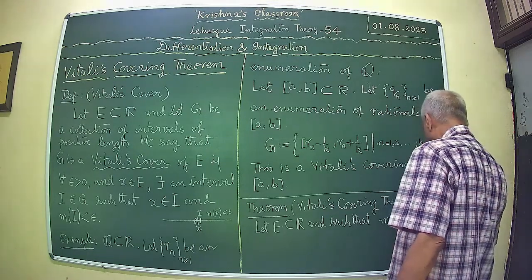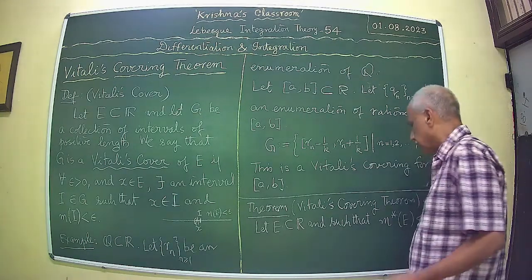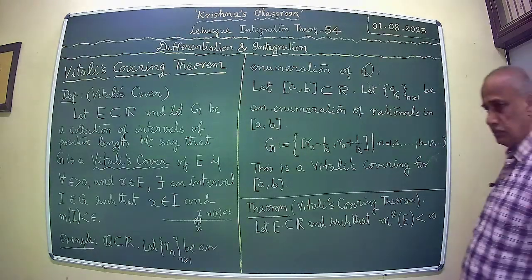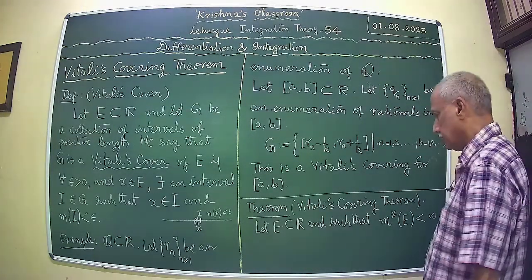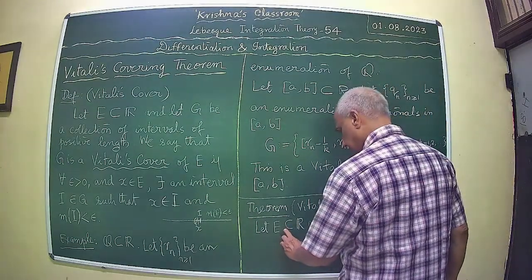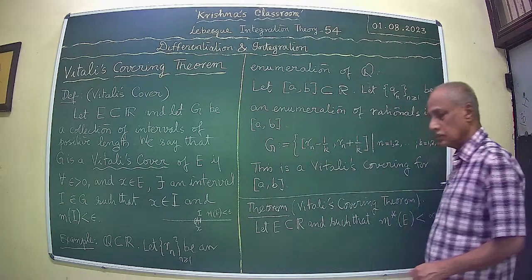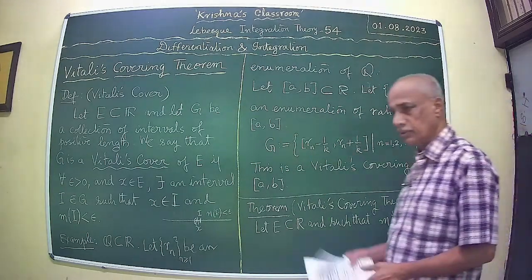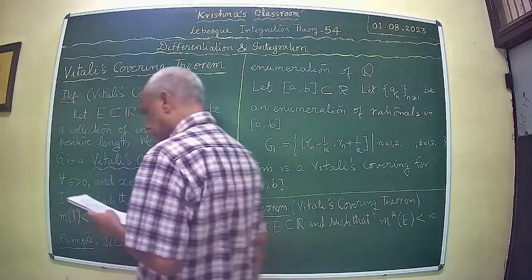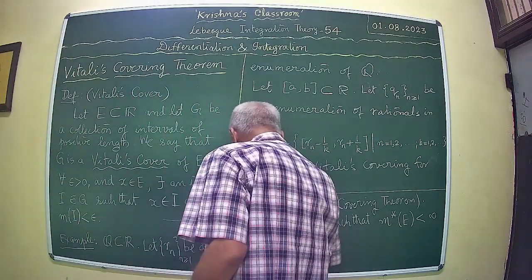So we are working on subsets of R whose outer measure is finite. We are not assuming that E is measurable. For every subset, the outer measure is well defined. Let G be a Vitali cover.